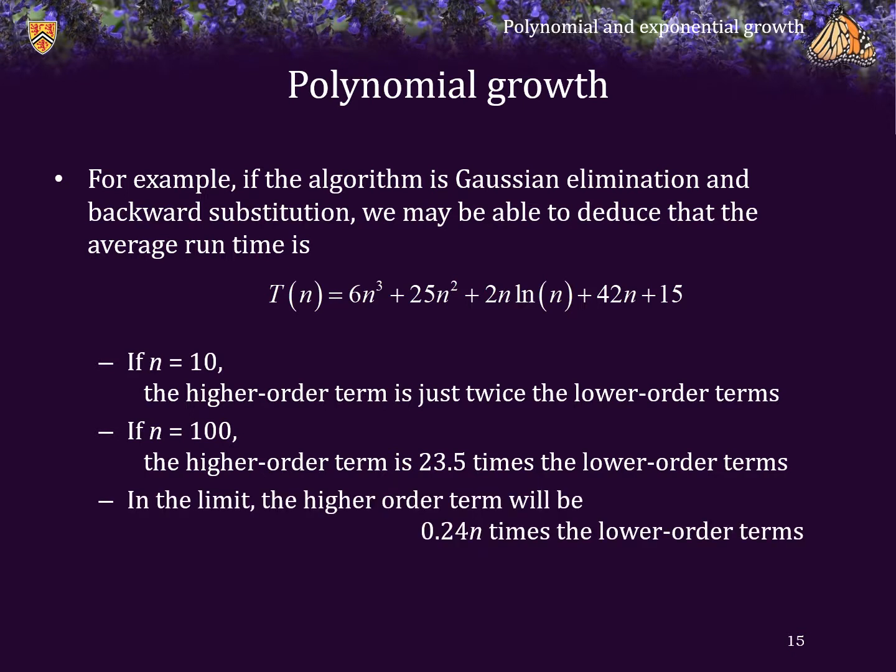As we go on higher and higher, the higher order term will be 0.24 times n times the lower order terms. So the lower order terms become insignificant. Let's see how we will therefore use this.